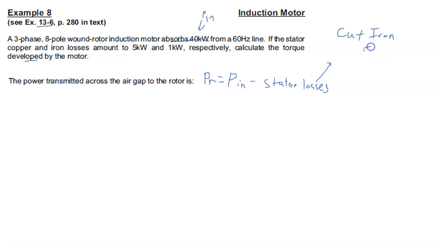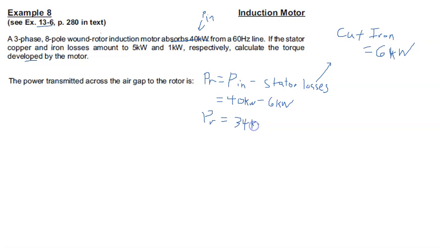Here those stator losses are 5 kilowatts plus 1 kilowatt, or 6 kilowatts. So we can calculate the power delivered to the rotor as 40 kilowatts subtract 6 kilowatts, and so PR is equal to 34 kilowatts.